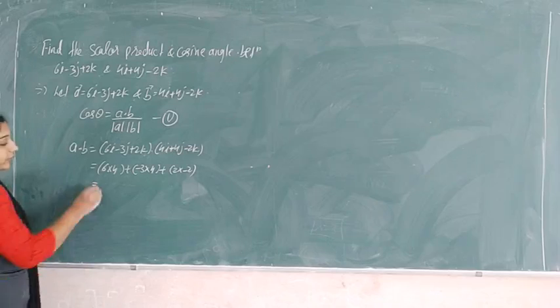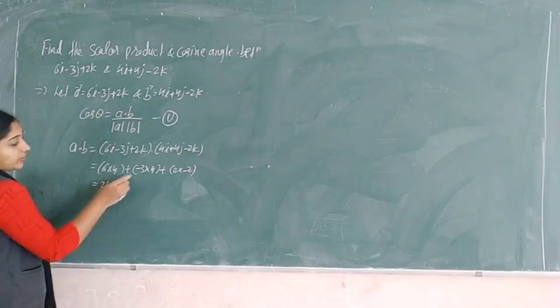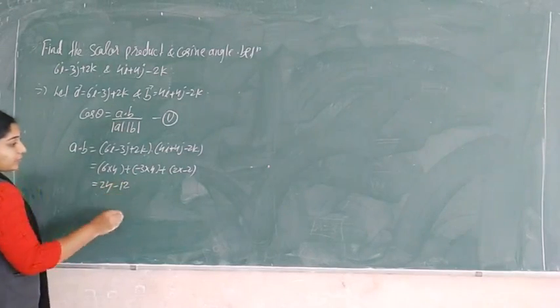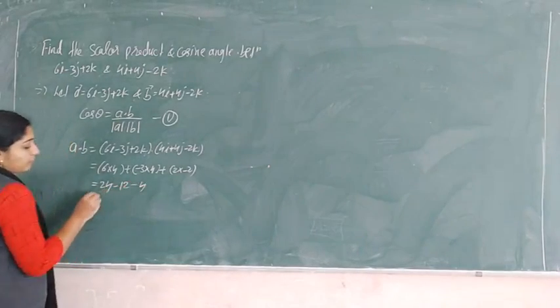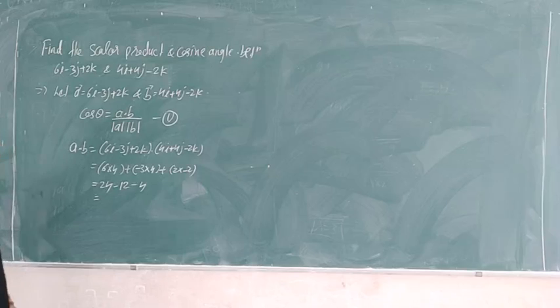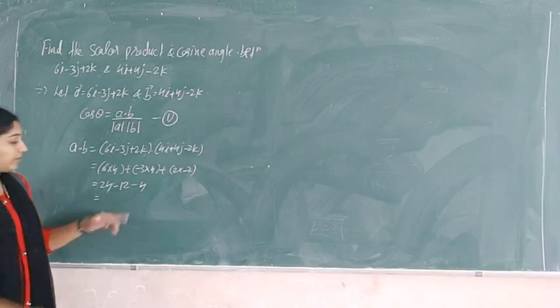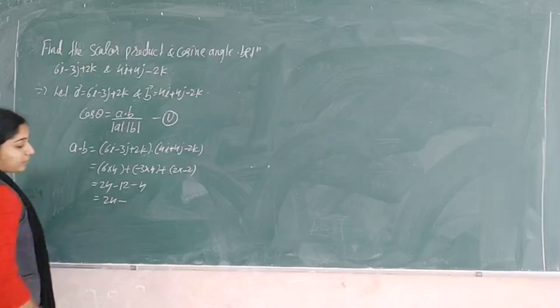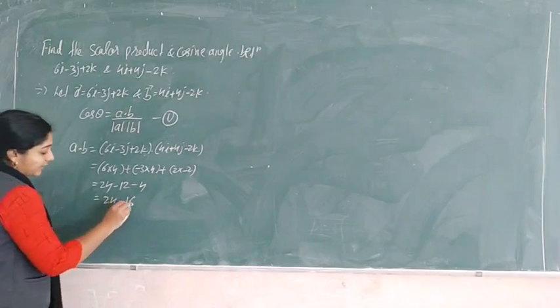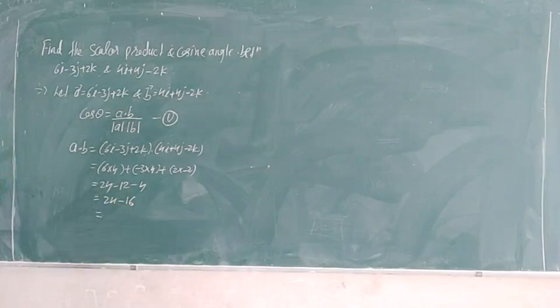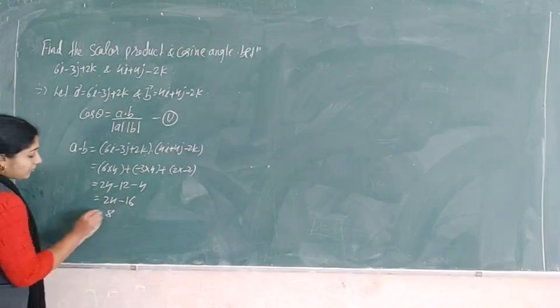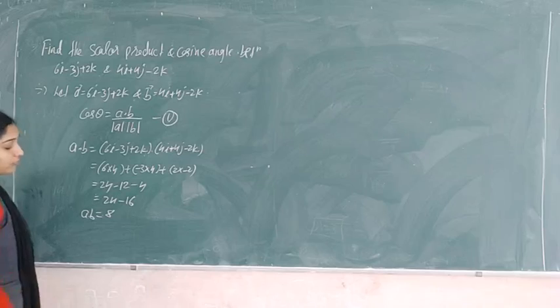Now 6 into 4 is 24, minus 3 into 4 is minus 12, 2 into minus 2 is minus 4. We will get 24 minus 12 minus 4, that is minus 16. And 24 minus 16 is nothing but 8. So A dot B is equal to 8.